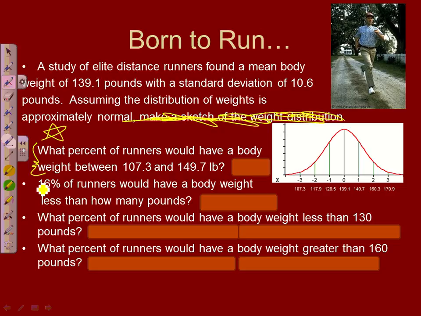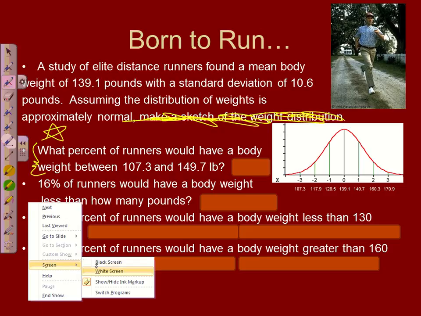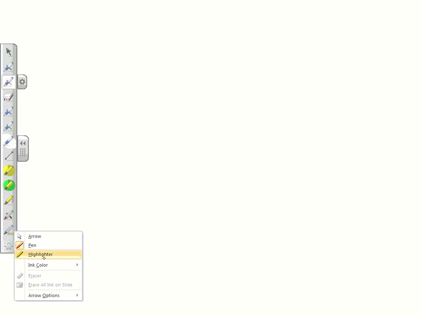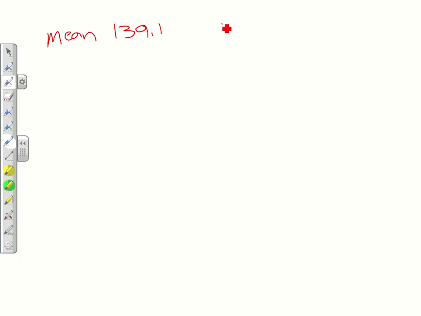This is different. This is having to calculate 2 z-scores. The mean is 139.1, the standard deviation 10.6, and the values 107.3 and 149.7. What was the standard deviation? 10.6.